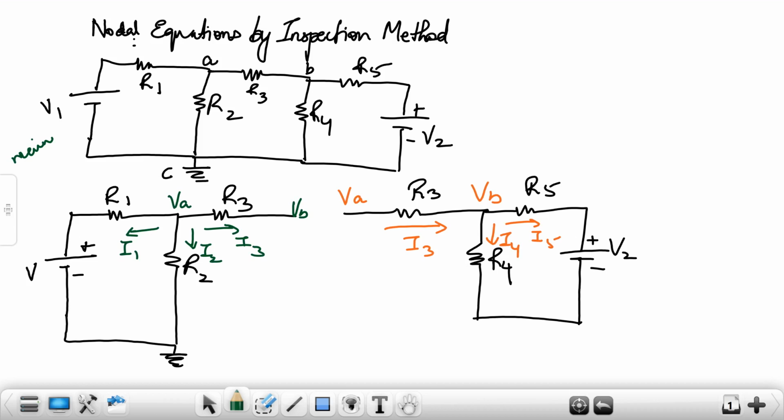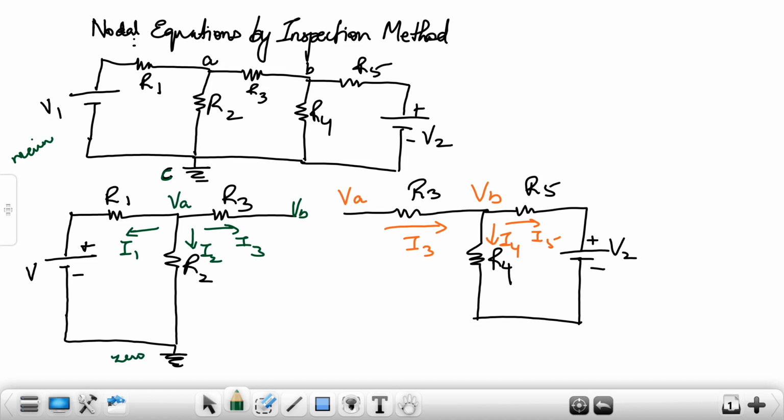We have voltage VA, voltage VB, and this node, that is node C, is given as your reference node. So it is at zero potential.